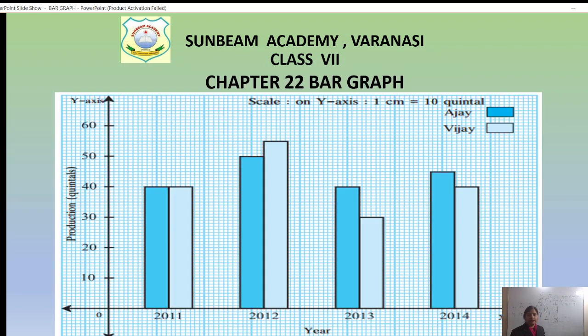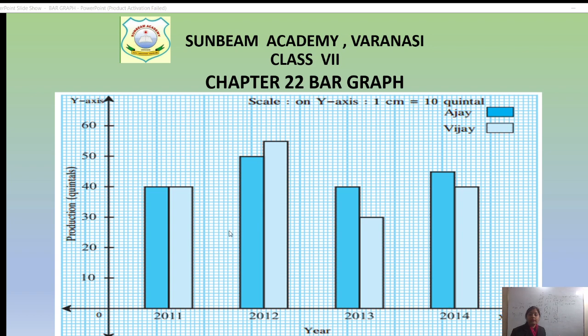One more bar graph. This is also a double bar graph. We have compared Ajay and Vijay productions. Ajay के यहाँ कितना production हुआ in quintals and in Vijay house what is the production? Okay, something is there and the production quantity we are seeing from this.